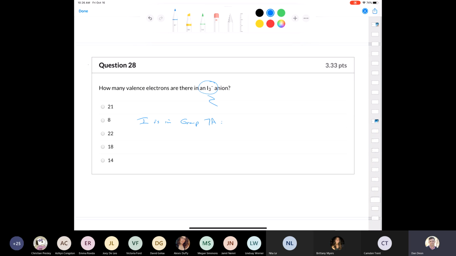That means it's got 7 valence electrons. So 7 valence electrons times 3 in my I3 equals 21 electrons, but I've got a -1 charge, so I have to add an electron, and that gives me a total of 22 valence electrons. So the answer is 22.